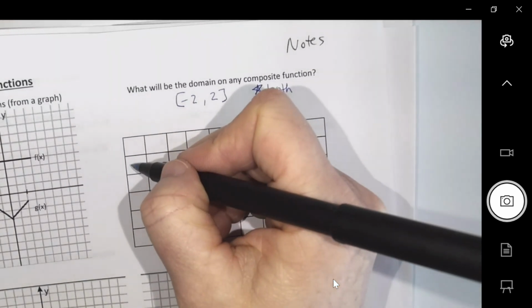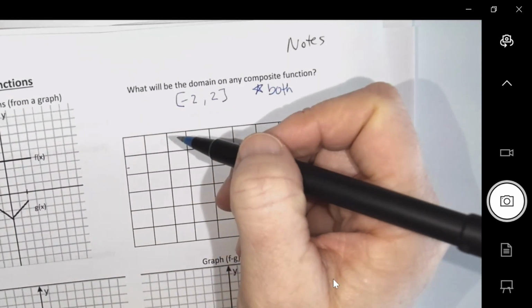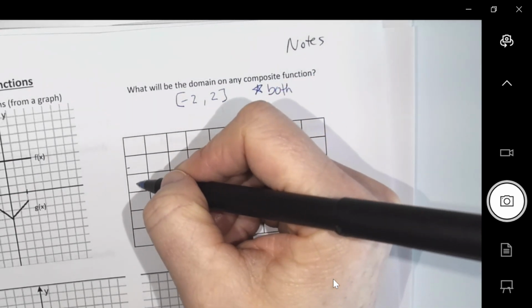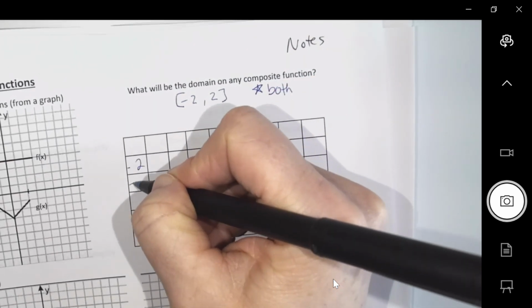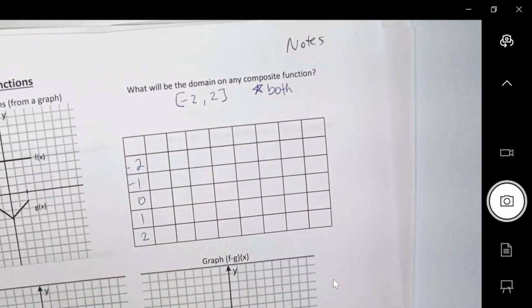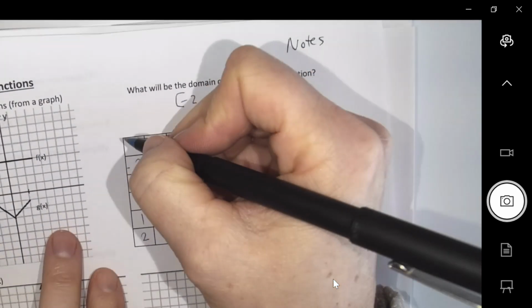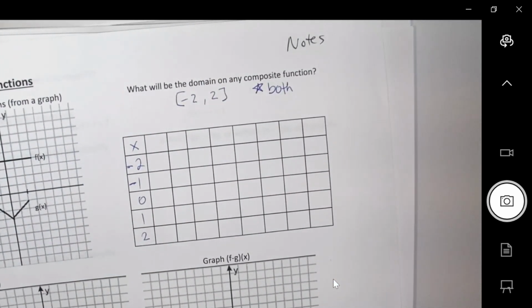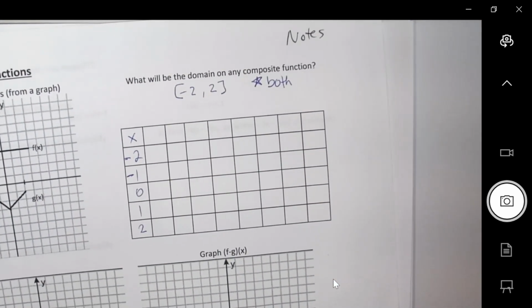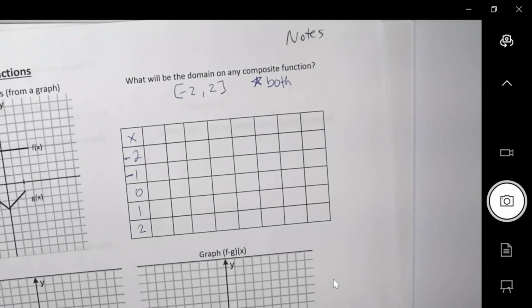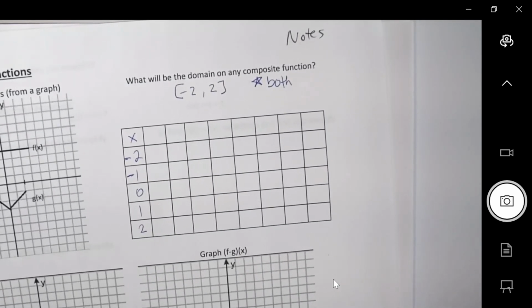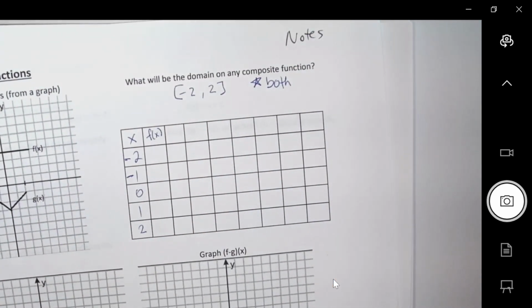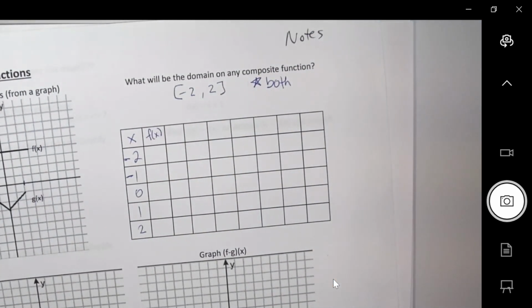Okay, so I'm going to do this. -2, -1, 0, 1, and 2. That's the domain. Now I'm going to do what is the f of x.